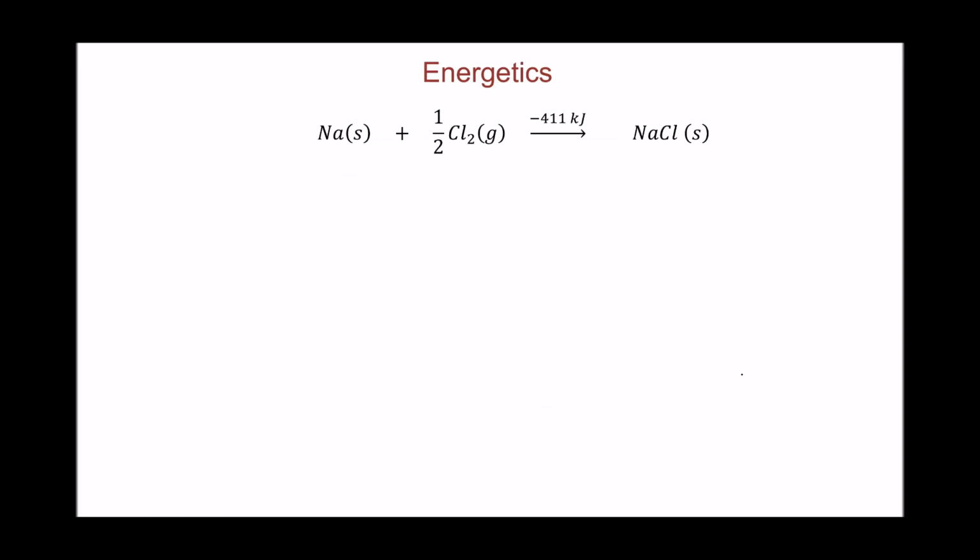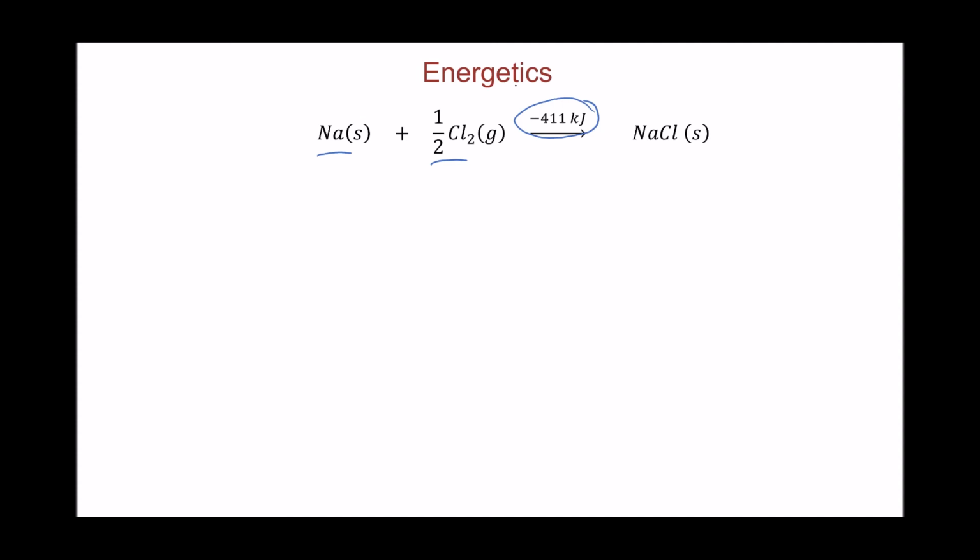Because if you react a metal with a non-metal, it's actually going to release a huge amount of energy, which corresponds to a huge stabilization of the compound. Okay, it's 411 kilojoules per mole for that reaction. So what's the source of that very high energy here?